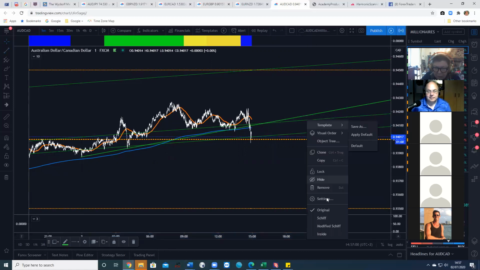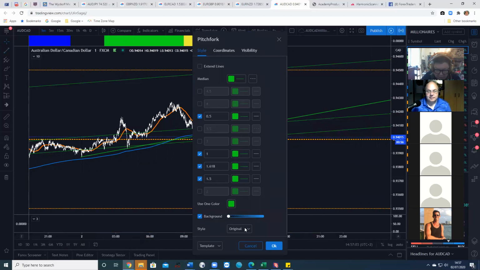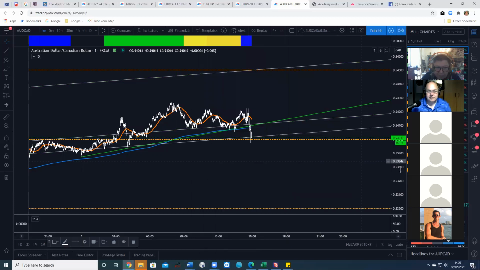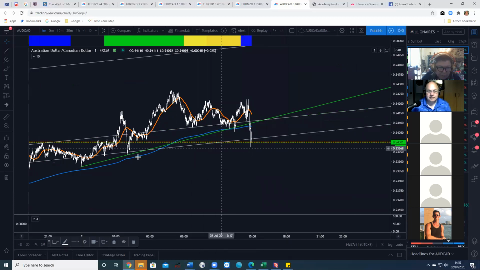I'll change that to white. So what we're looking for here is for price to do this. Because it's done the break and the retest, so as soon as it moves up, but you want that 62 to curl round, not be pointing down. So we'll see what happens with that one.